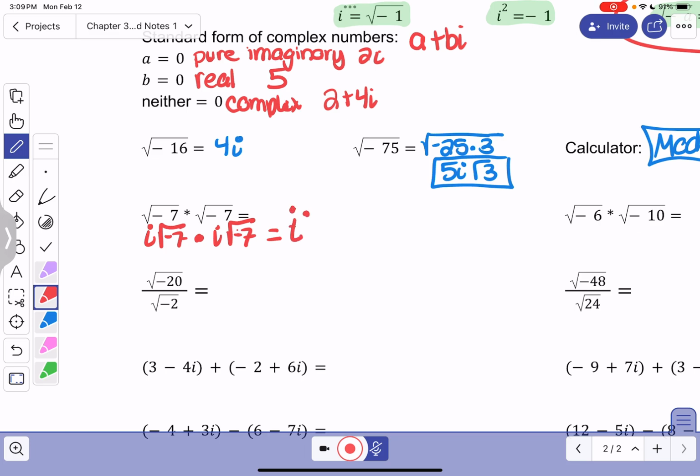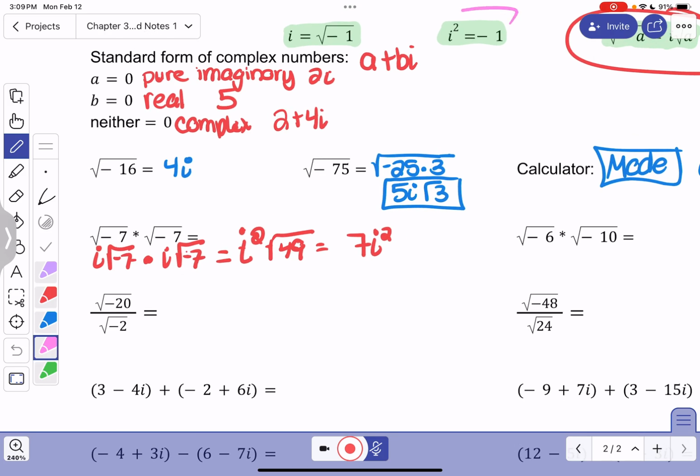Square root of 7 times square root of 7 is square root of 49. Then the square root of 49 is 7. So we'd get 7i squared. Well, looking up here, i squared equals negative 1. So it's like saying 7 times negative 1, which gives us negative 7.